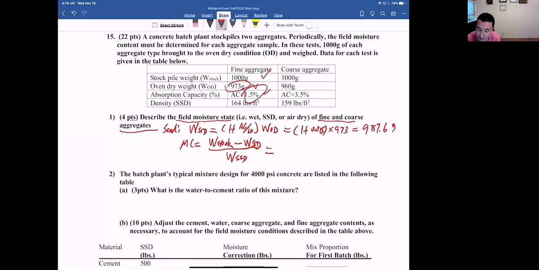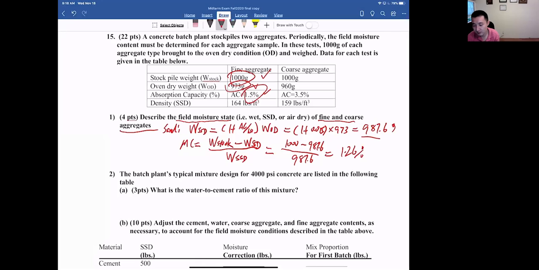W stock is given as 1,000, and WSSD is just calculated, 987.6. So the moisture content for sand is 1.26%. So what does moisture content mean?